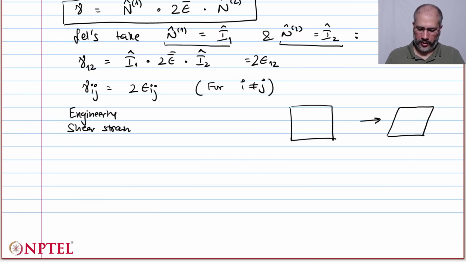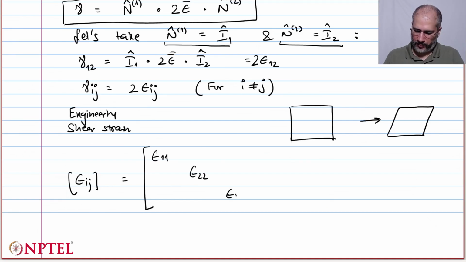Sometimes we express our epsilon tensor or the infinitesimal strain tensor like this, and then the off diagonal terms are expressed in terms of gammas. So it becomes gamma 1 2 upon 2, gamma 1 3 upon 2, and so on.